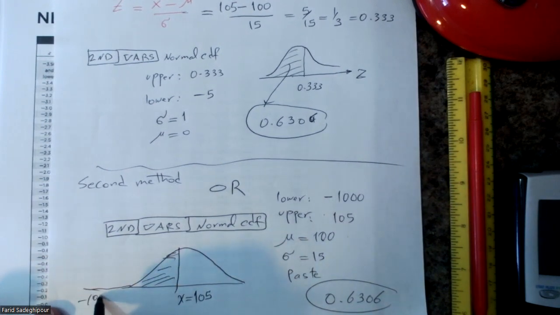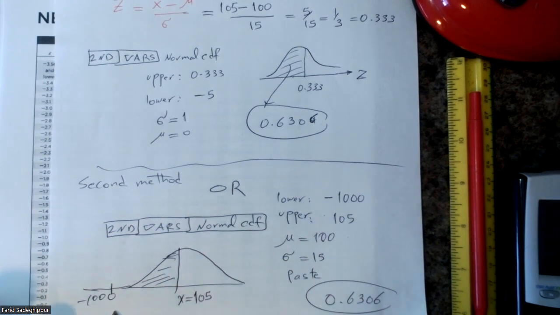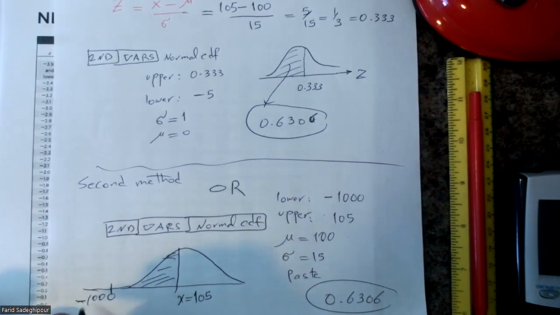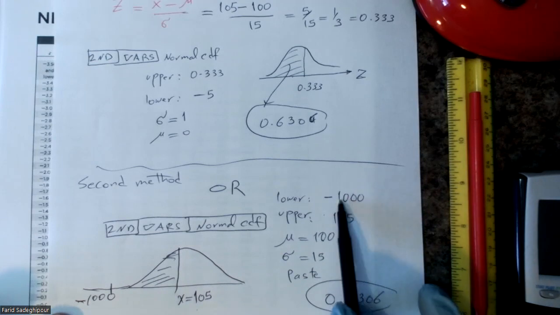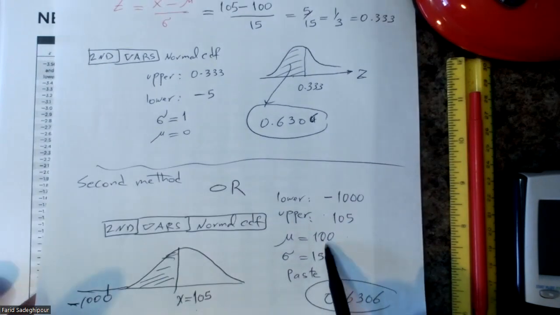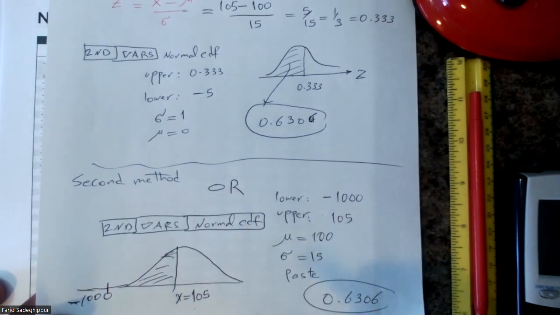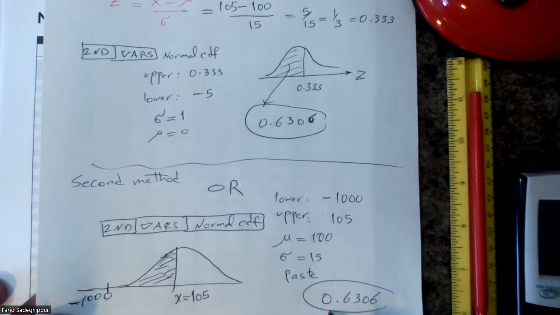Let's say minus 1,000. This is an arbitrary number. So you have both ends. One end is minus 1,000. The other end is positive 105. Mean is 100. Standard deviation 15, given in the problem. That gives you this area, which is the probability.